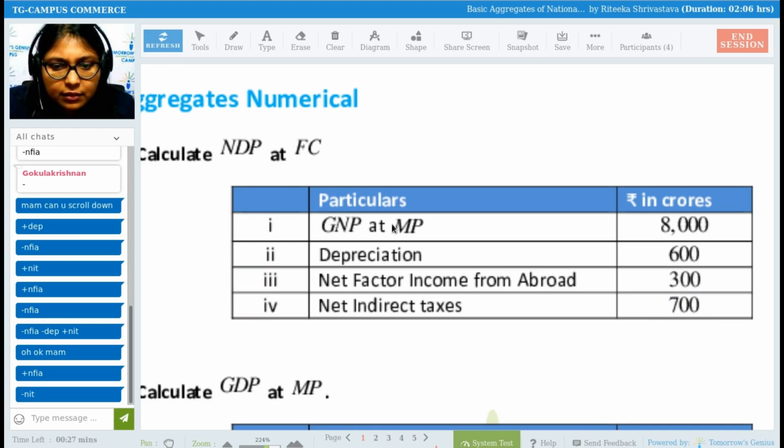NDP at FC, we have to find out, GNP at MP is given. No, we already did that. So you did that previous one, it's okay, that will come. Acha, this one you did? Yes, ma'am. Okay. What is the answer you are getting?